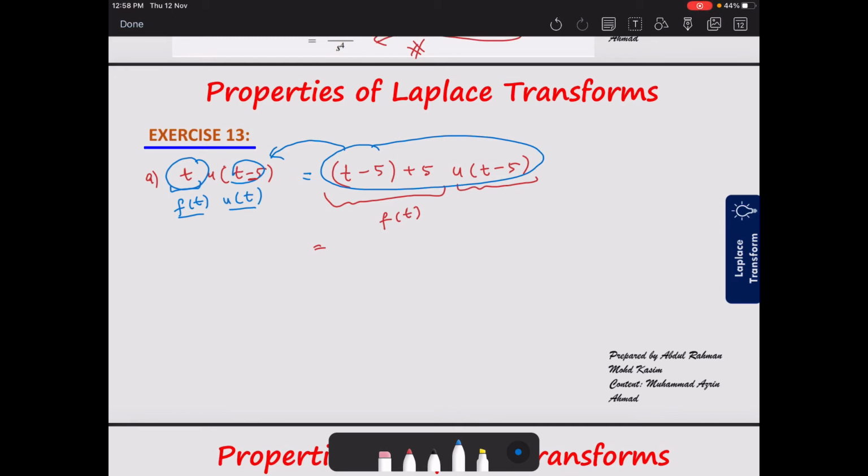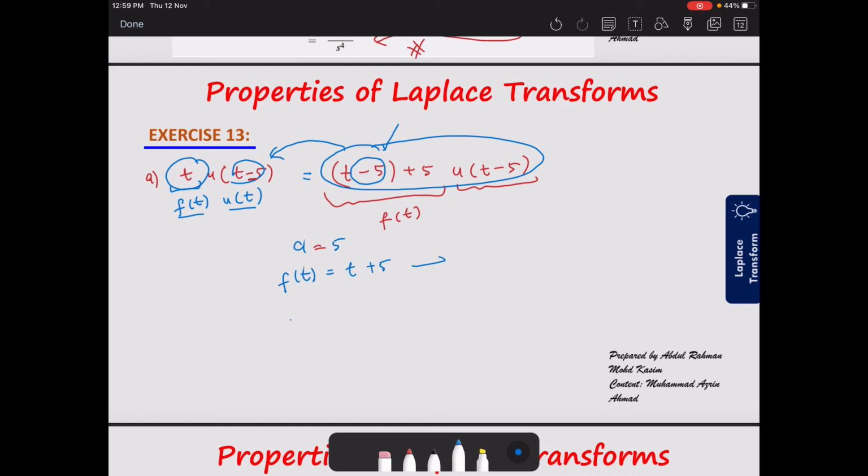So now your f(t) is without a. This is your a, so now you can identify your a. Your a is 5. And then what is your f(t)? As I said to you, your f(t) is the term without a. So without a, it remains t plus 5.